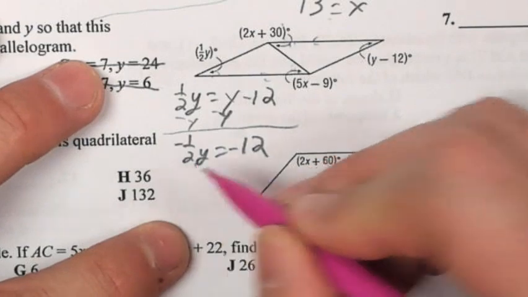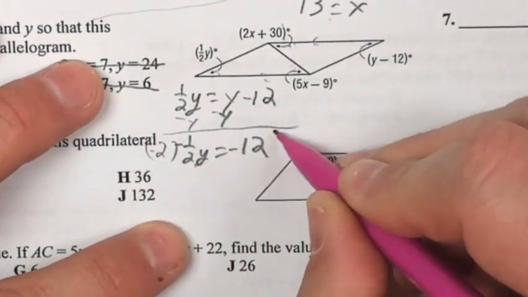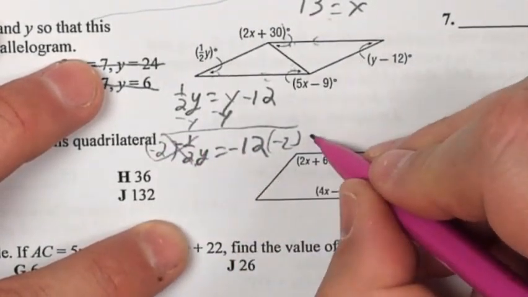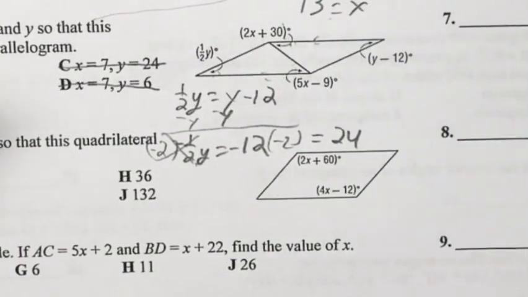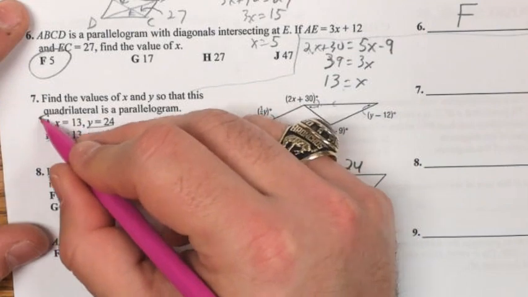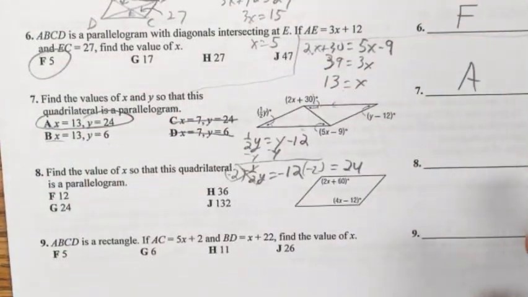Now to get rid of a negative 1/2, I'm going to multiply by negative 2 on both sides. These guys are going to cancel, leaving me with y equals positive 24. So then I look at my answer choices. y is 24 is on A. So there's my answer.